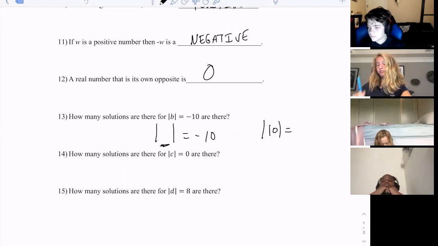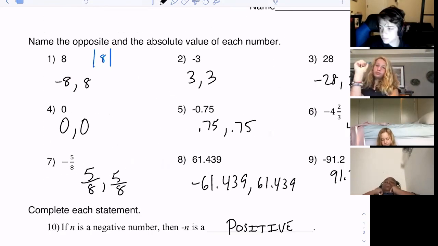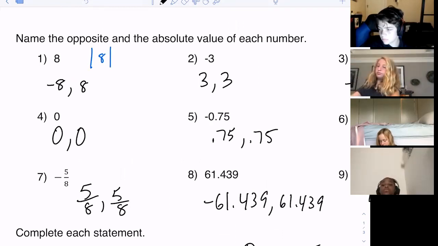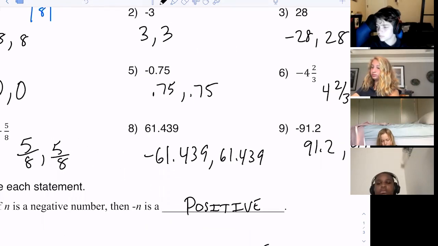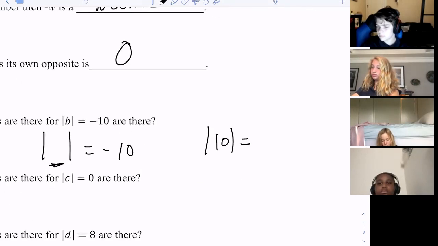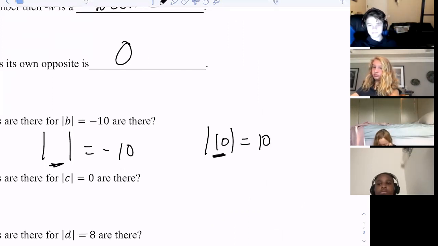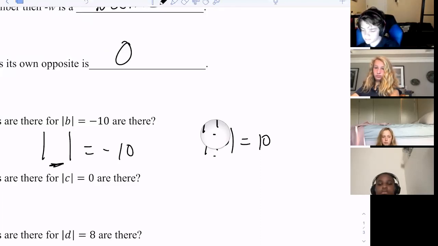No. On all of these up here, think about this. Every time we did, the absolute value came out to be what? Positive. Yeah. So now we're going to look at it. Yes, the absolute value of 10 is 10. Is there any number, when we take the absolute value, that is going to be negative? No. Right?